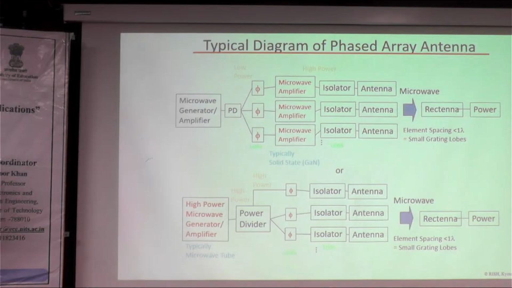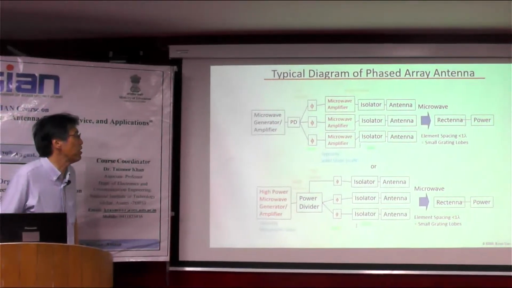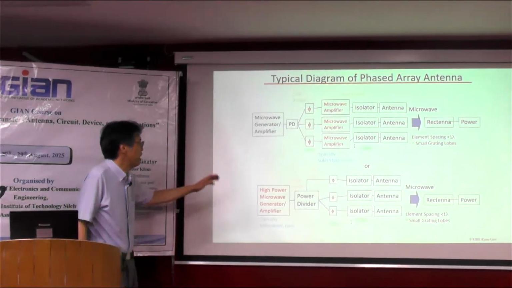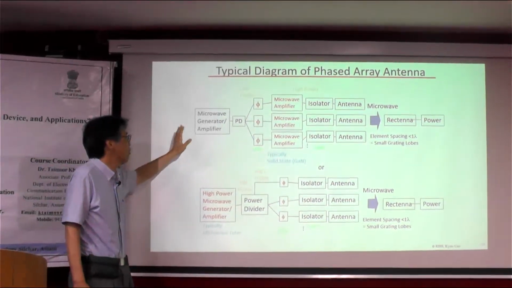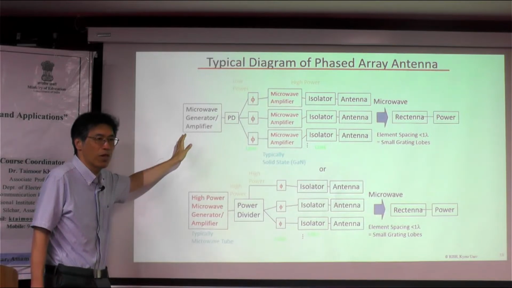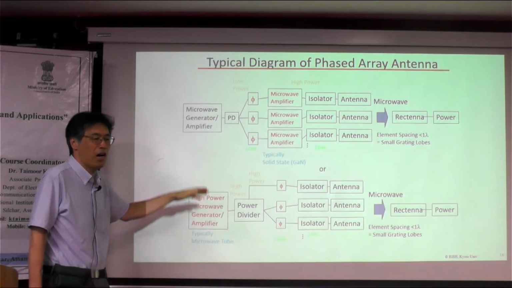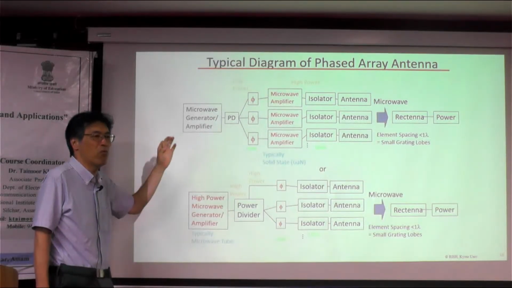So this is a typical diagram of the phased array antenna. We have two kinds of phased array antenna. Usually, we have one small microwave or radio wave power source. Typically, 1 milliwatt or less power is generated in one chip.